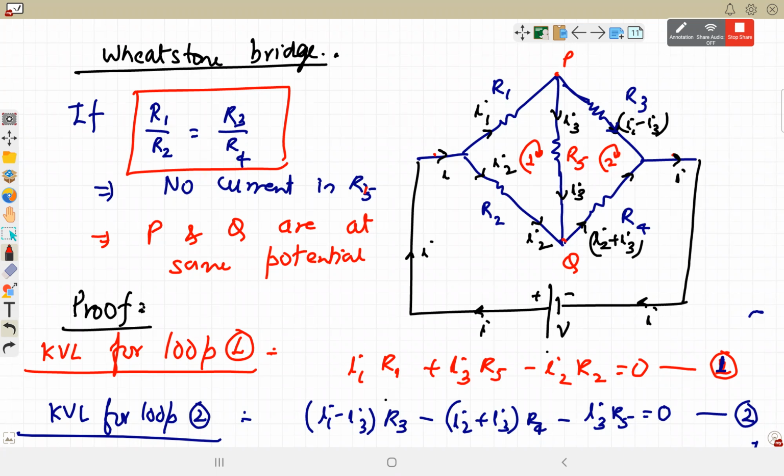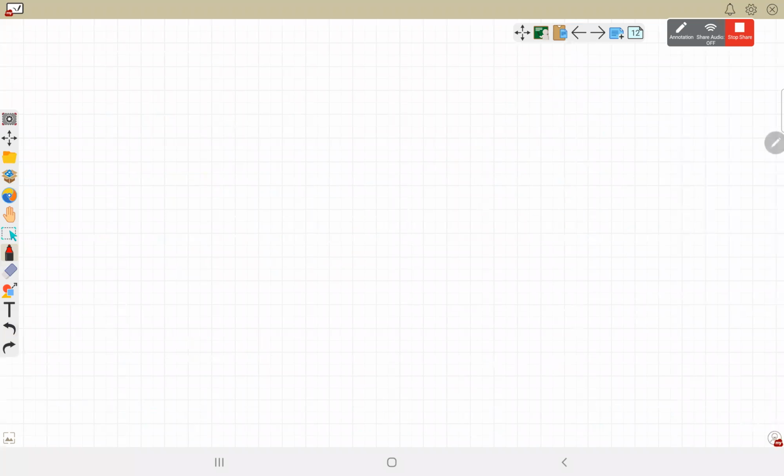But now assume that there is no current in the R5 resistance. By some measurement, we connect a galvanometer there and put that value. If there is no current in R5, which means the galvanometer shows 0 deflection, then put I3 is equal to 0.